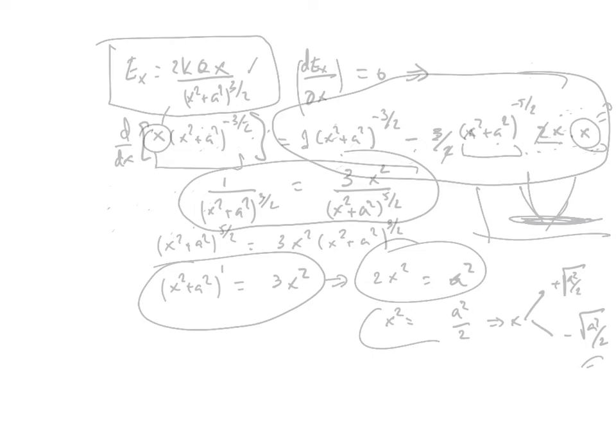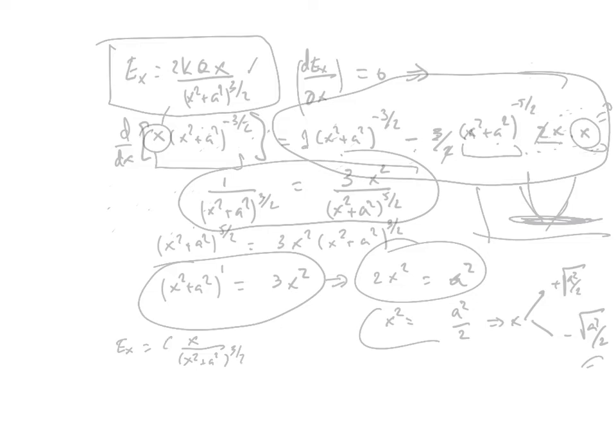The other question that it's asking is something that you have to know how to approximate. Ex is 2kq, I'm going to forget the 2kq, times x divided by x squared plus a squared to the 3.5.